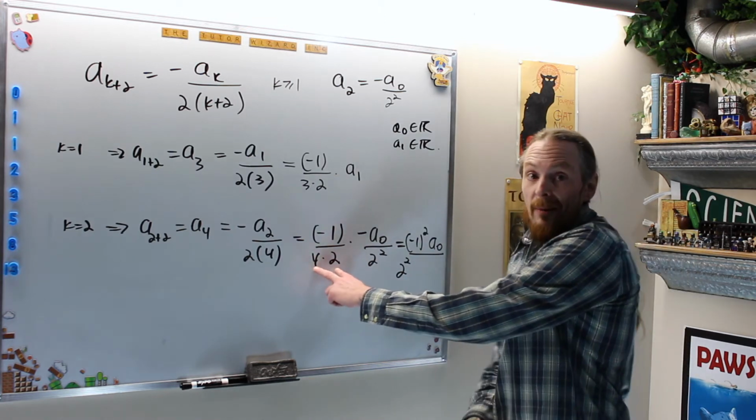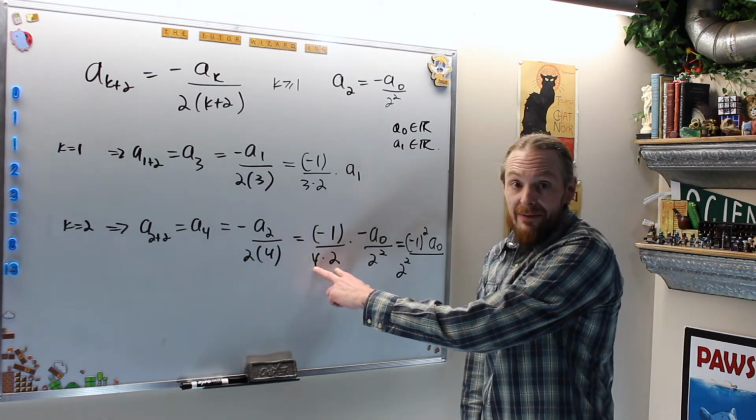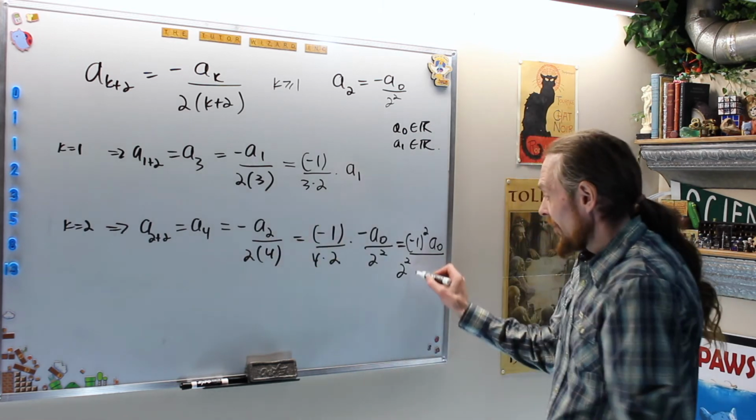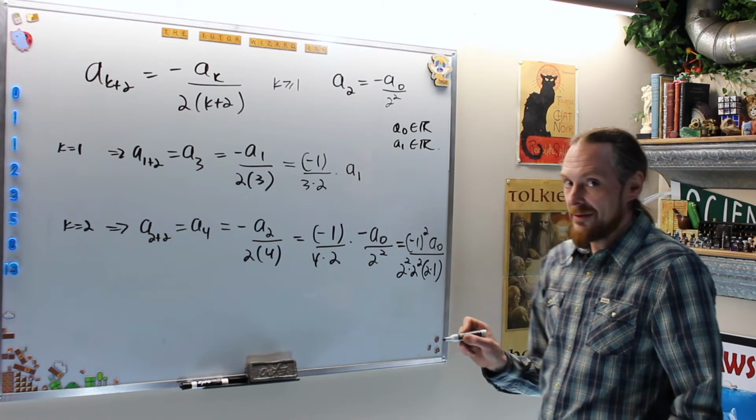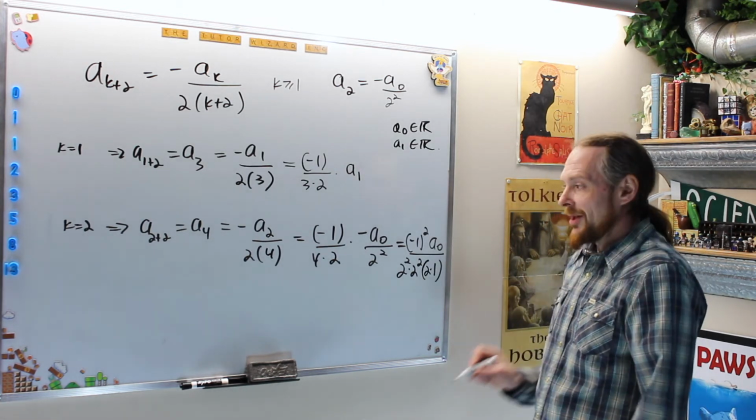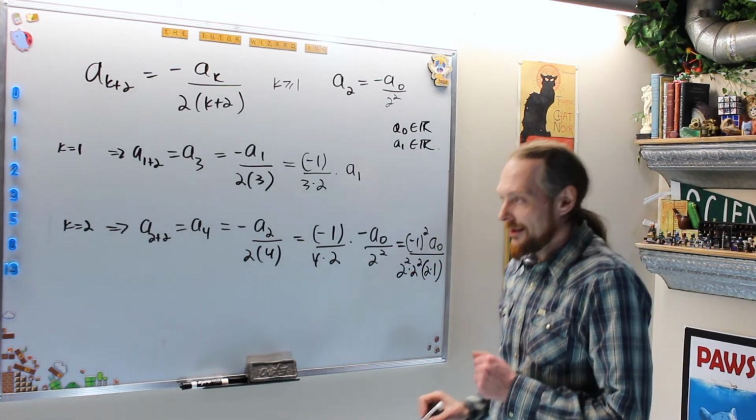And then what I'm already seeing is, if you can't see it, these are both even. They both have a 2 in them. So that will be 2 squared again times 2 times 1, which seems awfully factorial-ish, but let's compute just to see.